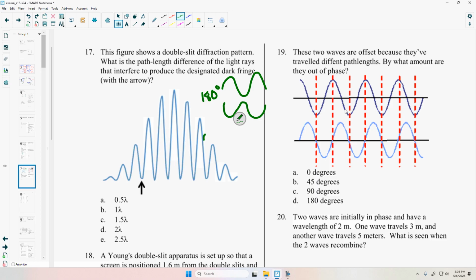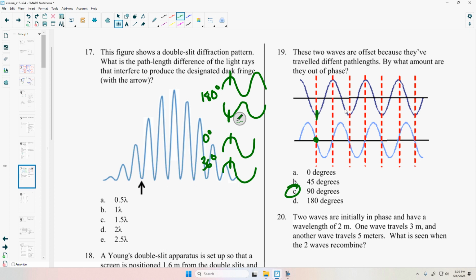If they were 0 degrees out of phase, that would look like this, 0 or 360. You see the difference? Here, the peak is lining up with the trough. Here, the peak is lining up with the peak. But here I have a peak lining up with neither peak nor trough. It's in between. So what's the answer then? 90 degrees, yeah. That's a quarter wavelength offset.